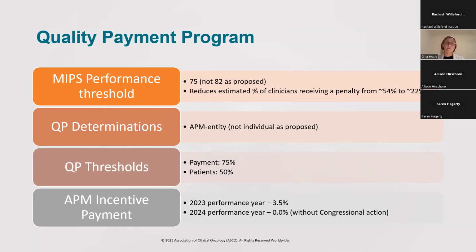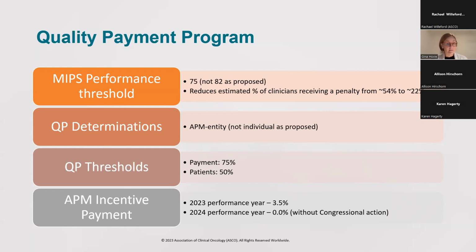So in the proposed rule, CMS proposed to increase the MIPS threshold from 75 to 82. When they did this, they estimated that if they were to move the threshold to 82, about 54% of clinicians would receive a penalty under MIPS for the 2024 performance year.